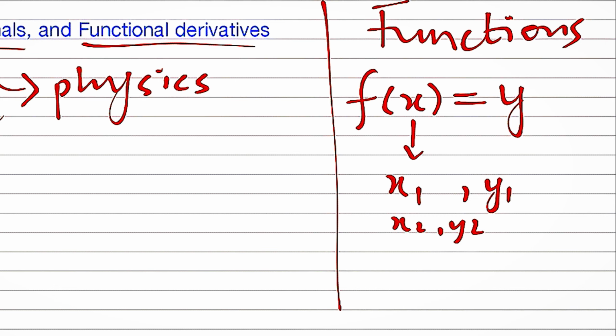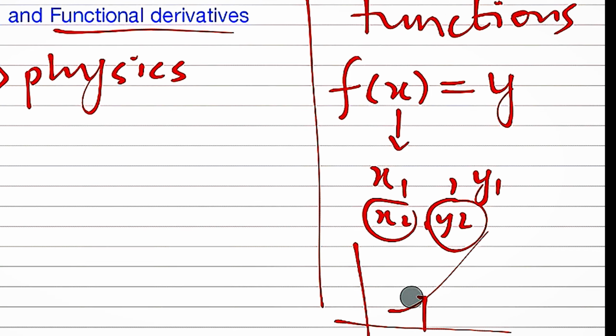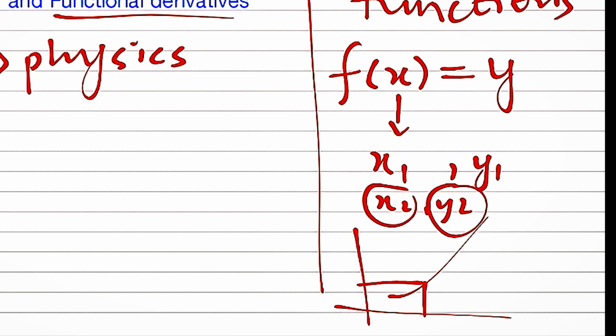Each x point uniquely defines a y point, and we know about functions that they are unique ordered pairs. So we have point-to-point dependence between the two variables. The y depends point-wise on x. A particular x point defines a particular y point.